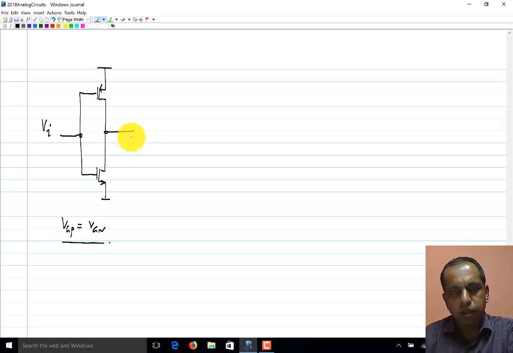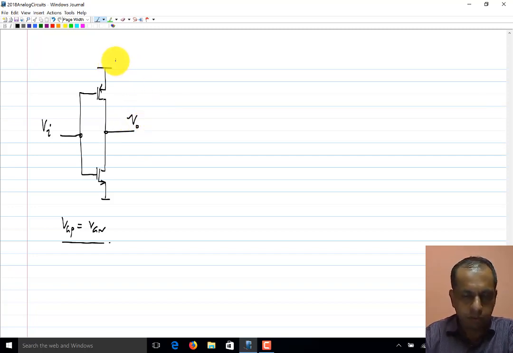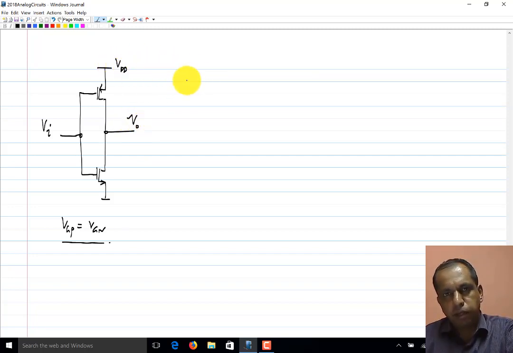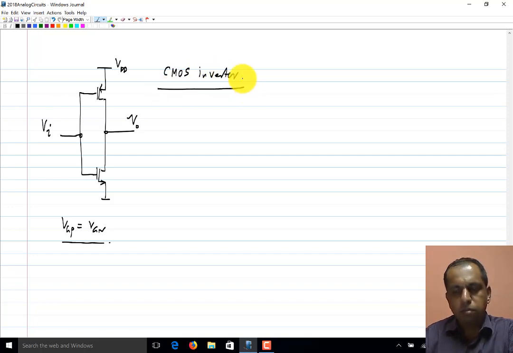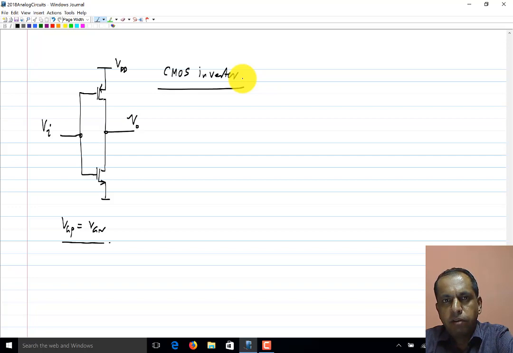I'll just call this large signal input Vi and a large signal output Vout. Okay, some of you may already recognize this circuit. This is what is known as a CMOS inverter, and most likely you would be familiar with this in the context of digital gates. But basically a CMOS inverter is a common source amplifier, or some variant of it, a common source amplifier with an active load, in which the input is applied to both N and P sides. Okay.